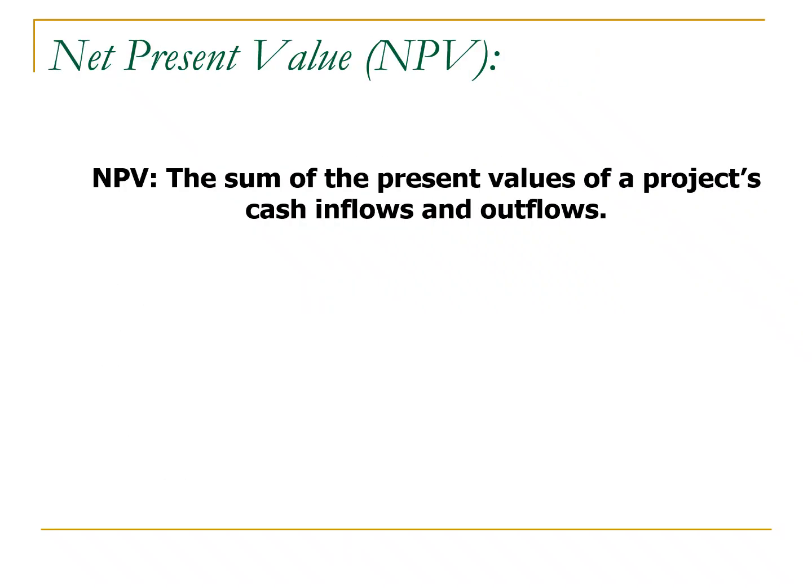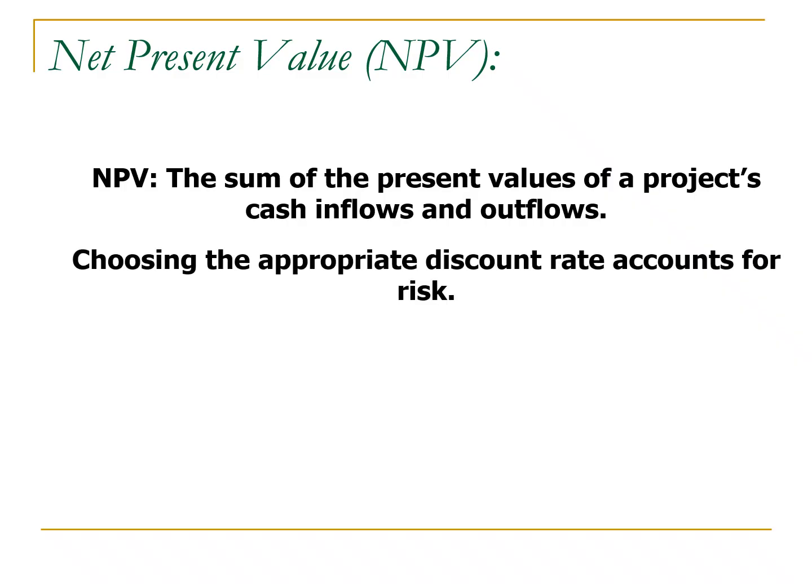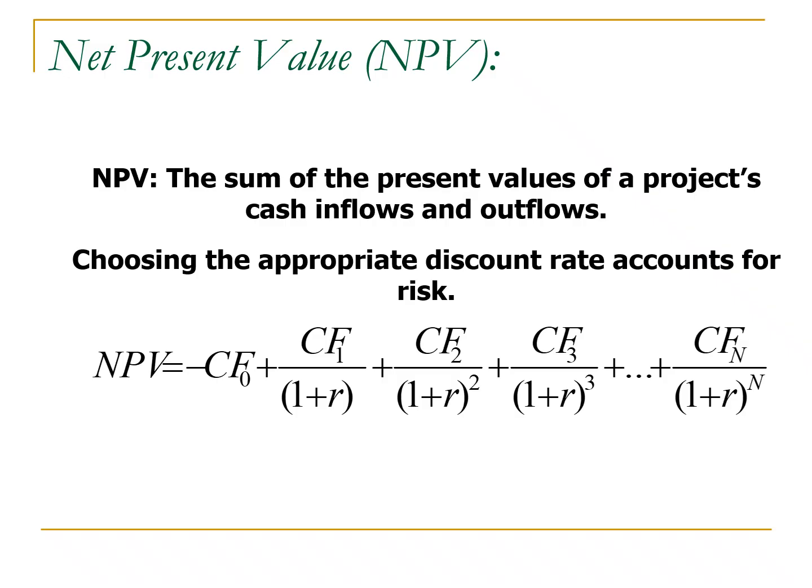Net present value. What do you mean by net present value? The sum of present value of the project's cash inflows and outflows. Choosing the appropriate discount rate accounts for risk.